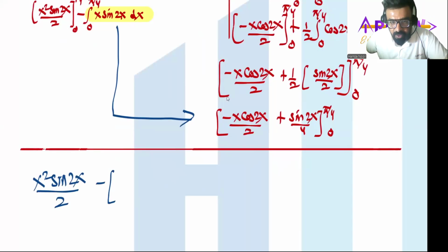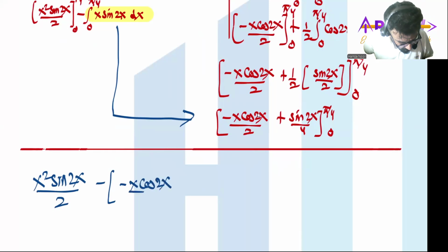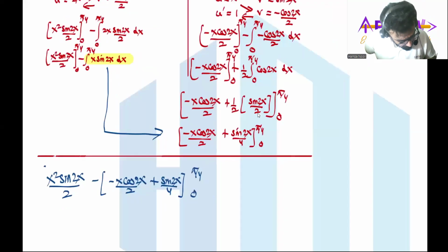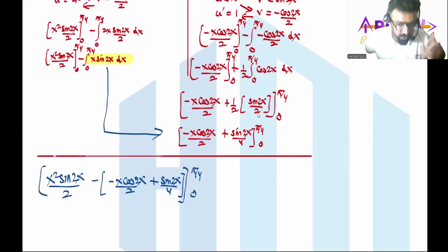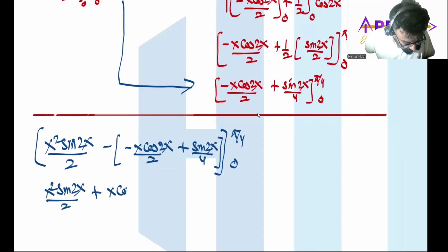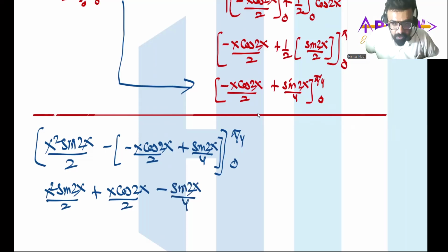And in place of this, we can write minus x cos 2x over 2 plus sine 2x over 4. Upper limit pi over 4 and the lower limit is 0. Okay. So now we are just going to expand this. So x squared times sine 2x over 2 plus x times cos 2x over 2 minus sine 2x over 4. Upper limit is pi over 4 and the lower limit is 0.